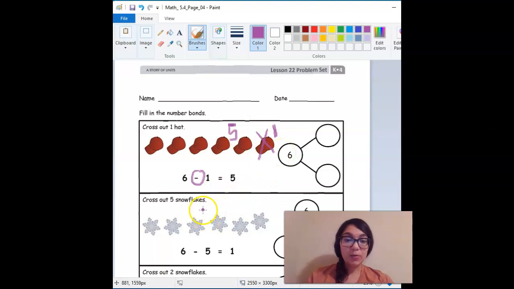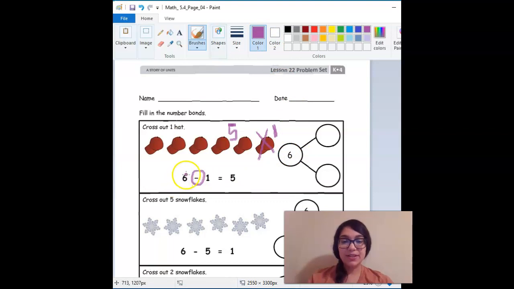So now we need to fill out our number bond. If you look at the number bond, you will see that your whole is already written for you. So let's look at our number sentence. It says 6 minus 1 equals 5. Remember, our whole on a takeaway sentence is going to be the first number. So does our first number match the whole in the number bond? Yes, it matches.